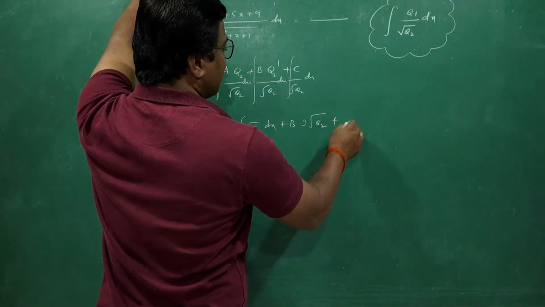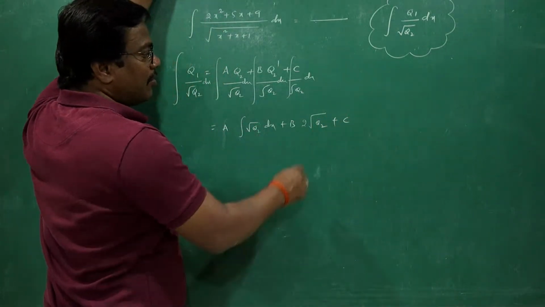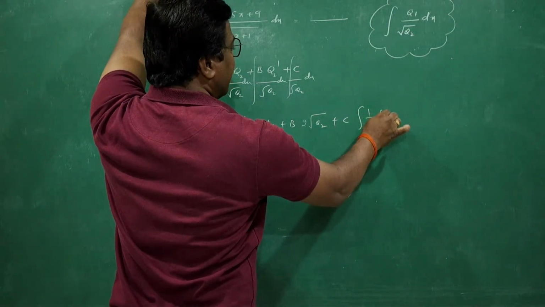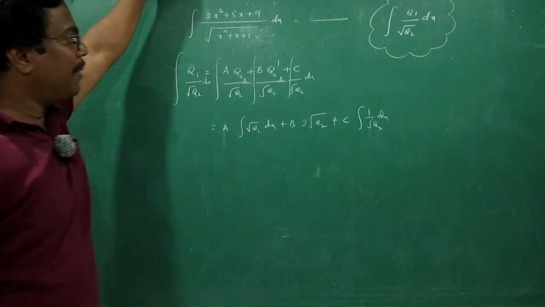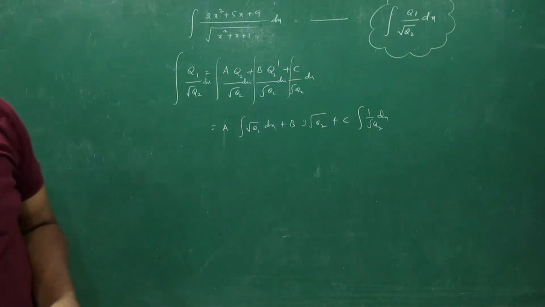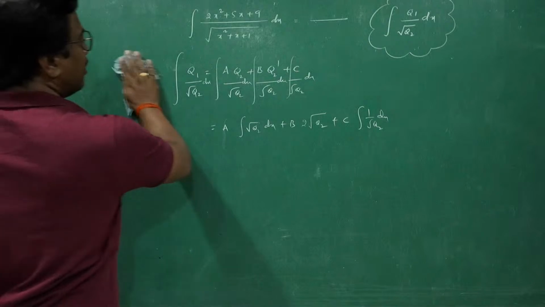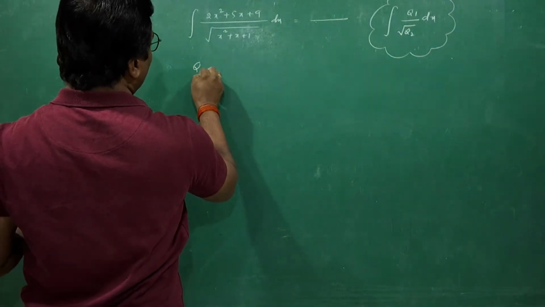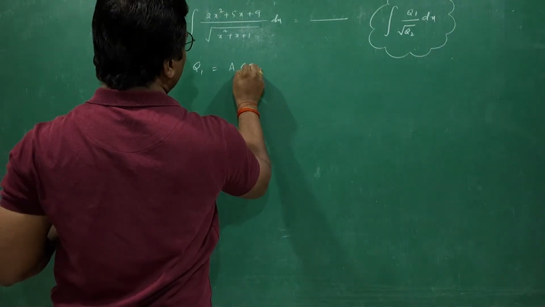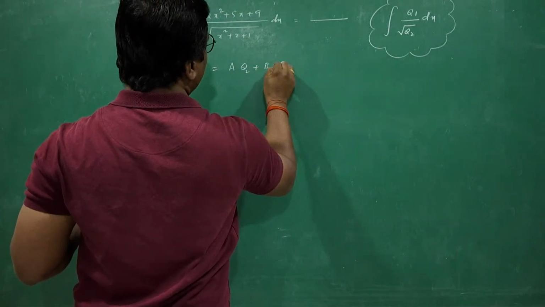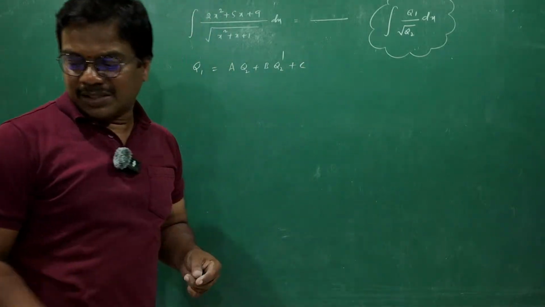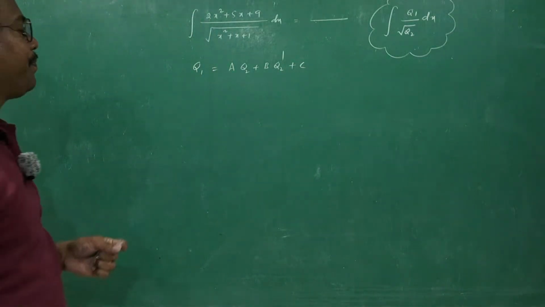Next, plus a constant c outside times 1 by root of the quadratic. You can easily integrate. So, by choosing Q1 as a linear combination of Q2, in this form, Q1 equal to a times Q2 plus b times the derivative of Q2 plus c, the question is easy to solve.